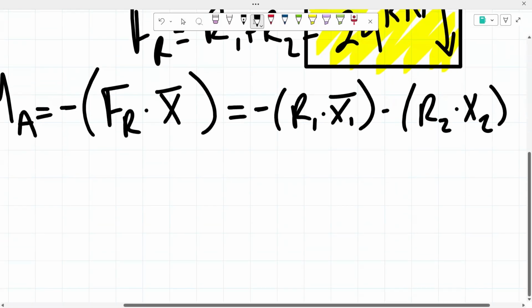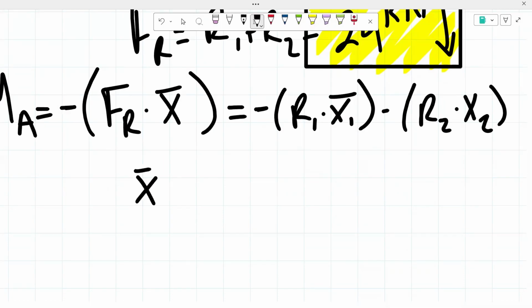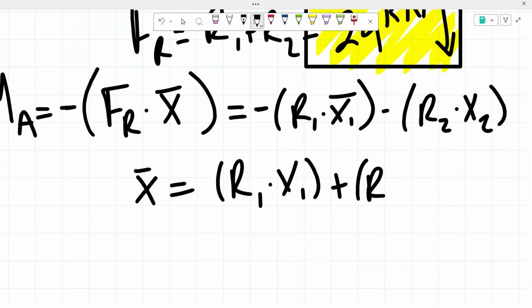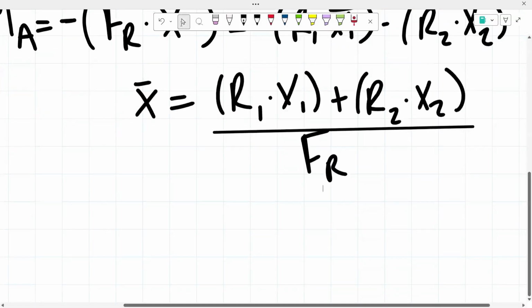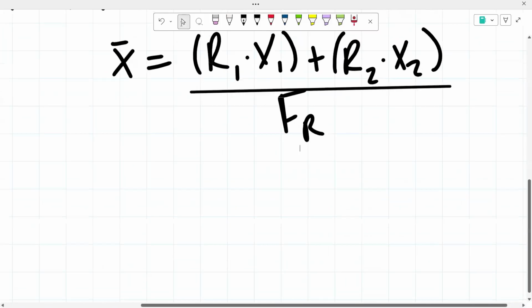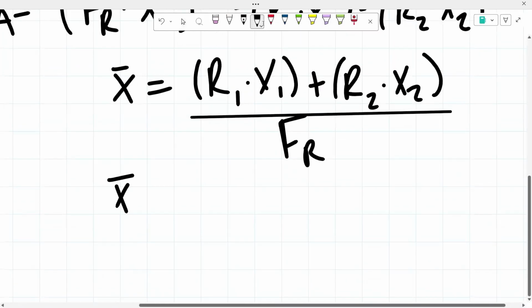If we rewrite this in terms of that location, it should give us that the location of our resultant force is equal to R1 times X1 plus R2 times X2, all over our resultant force. So now that we have the equation we're going to use to determine the location of our resultant force, we're simply going to plug in our information.